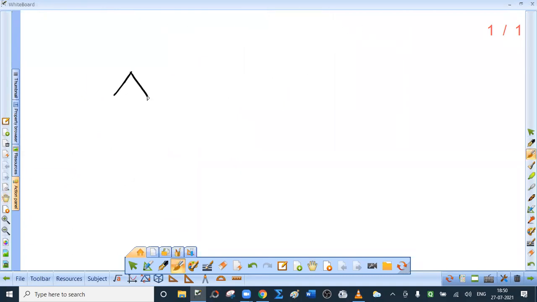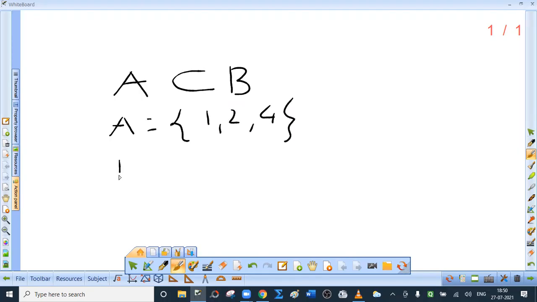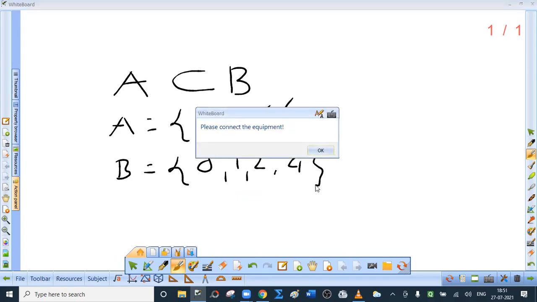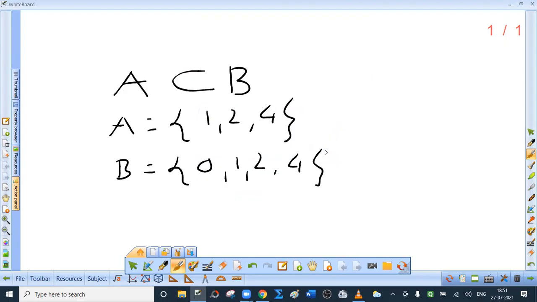For example, if A is 1, 2, 4 and B is 0, 1, 2, 4, then A is a subset of B, but B is not a subset of A. That is, there exists at least one element in B which is not an element of A. So A is a proper subset of B.